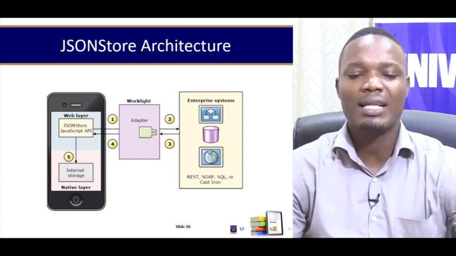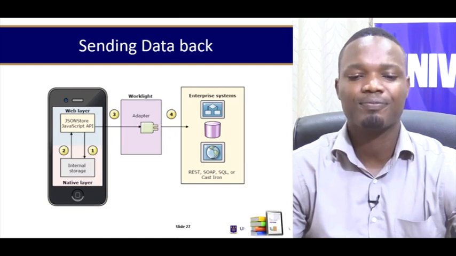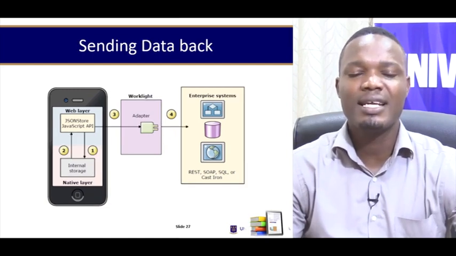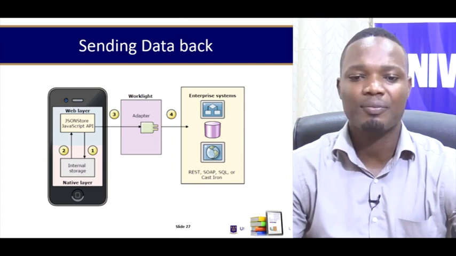Then, through the Worklight adapter, data is sent back to the JSONStore API, and then that is pushed into our internal storage. Sending data back through our JSONStore API, we are going to access the internal storage of our mobile device, fetch that data, return it back to the JSONStore JavaScript API, and that is going to push it through an adapter to the enterprise system.